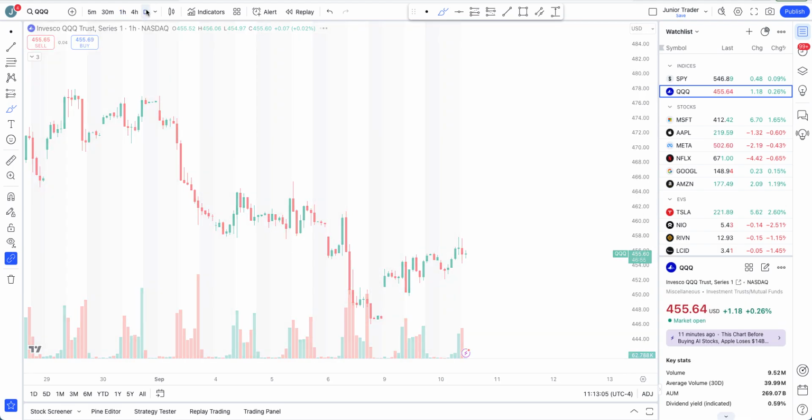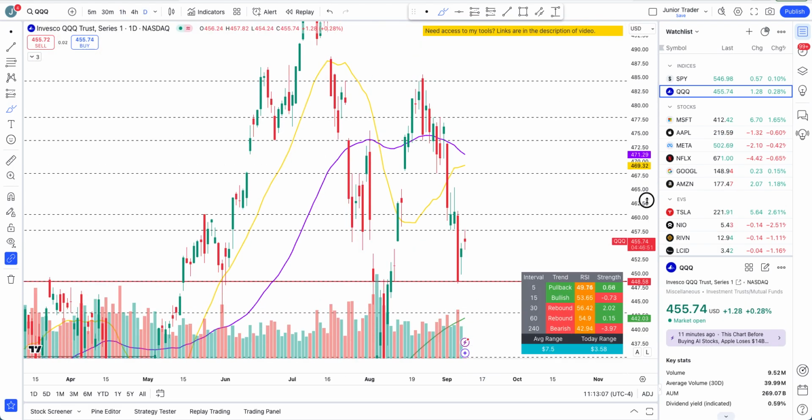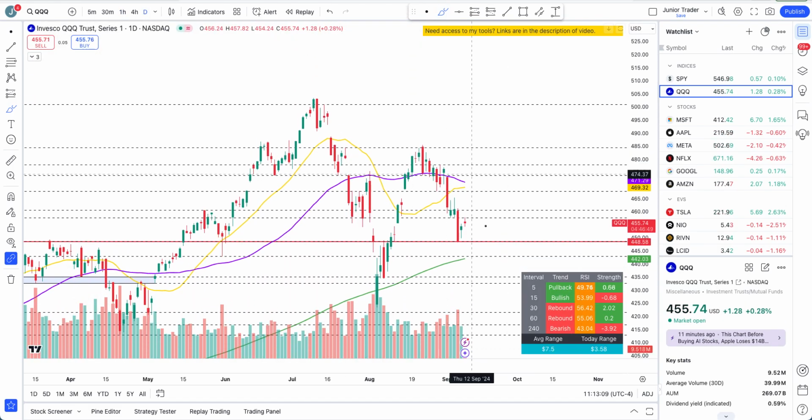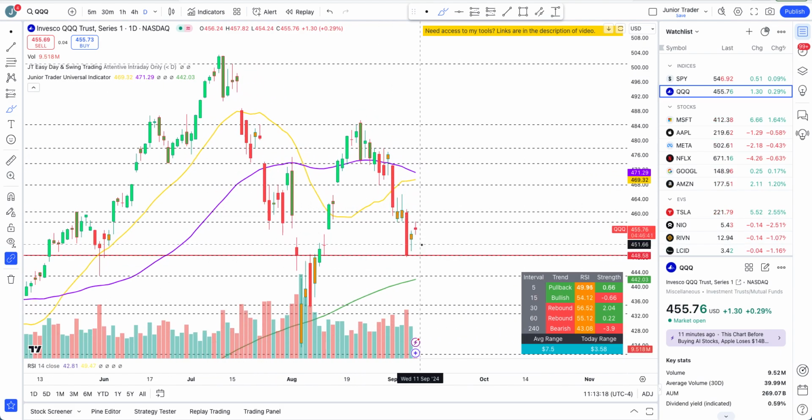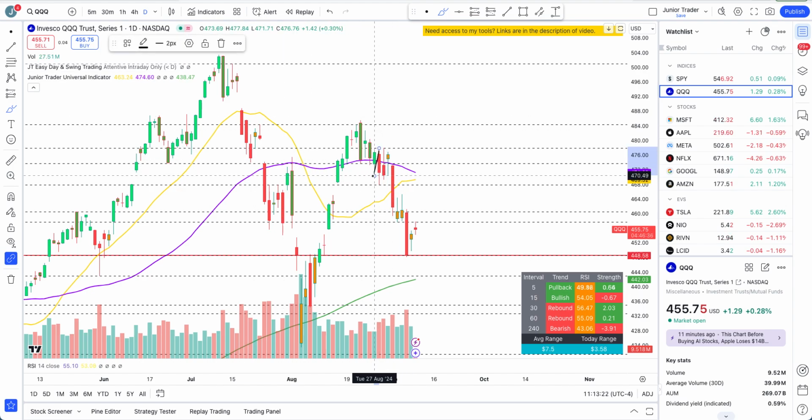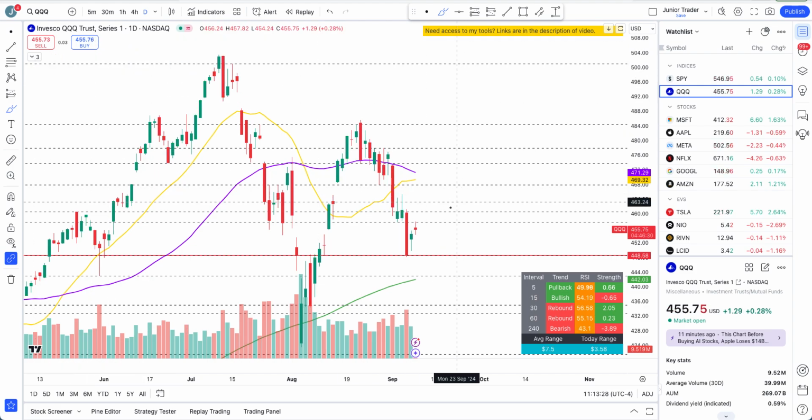Let's take a look at QQQ. QQQ is also selling off at the previous resistance level right up here, the previous pivot zones. If I turn on my tool, you can see we are still selling off there. We are still in the bearish structure from the 477 area, and so far we are still in the negative structure.